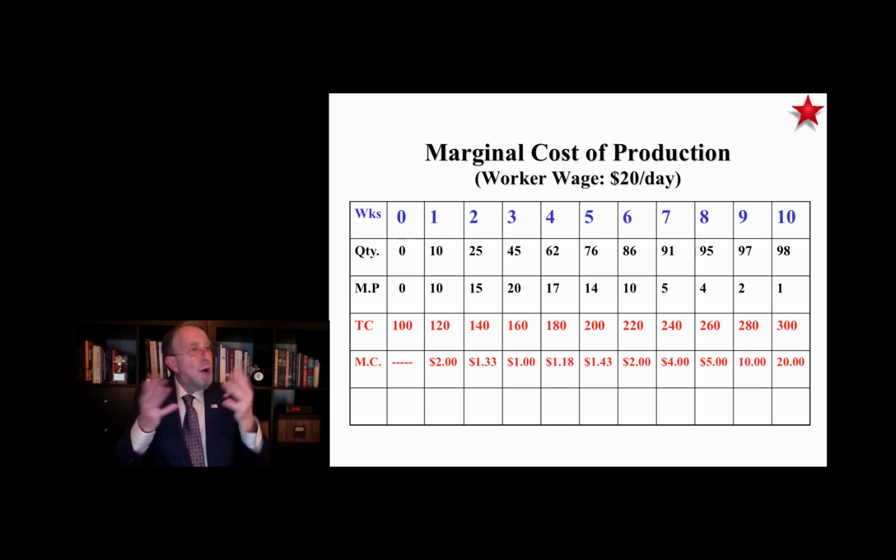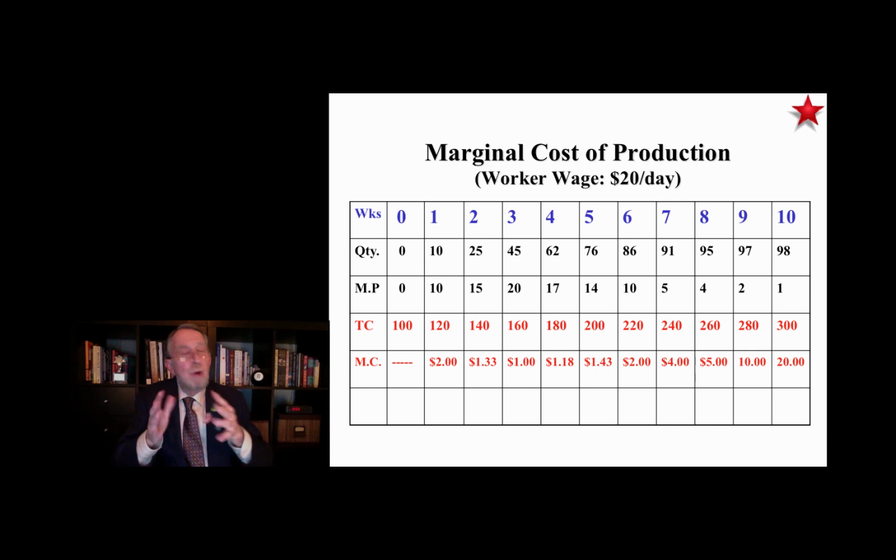The first worker cost went up by $20, output went up by 10, so each unit had a marginal cost of $2. For the second worker, cost went up by 20, output went up by 15, a larger amount. So marginal cost declined to $1.33. Notice for the third worker, I spent an additional $20. Output went up by an additional 20 units.